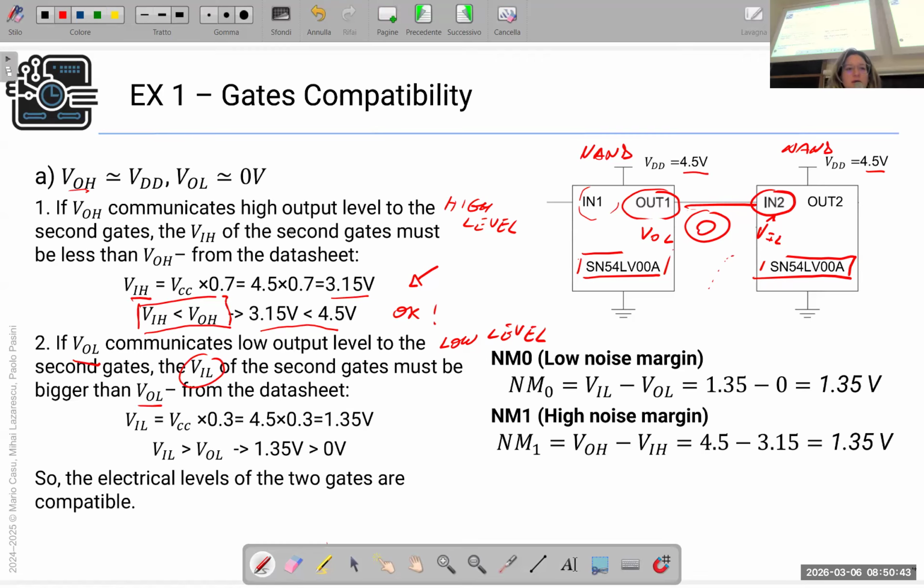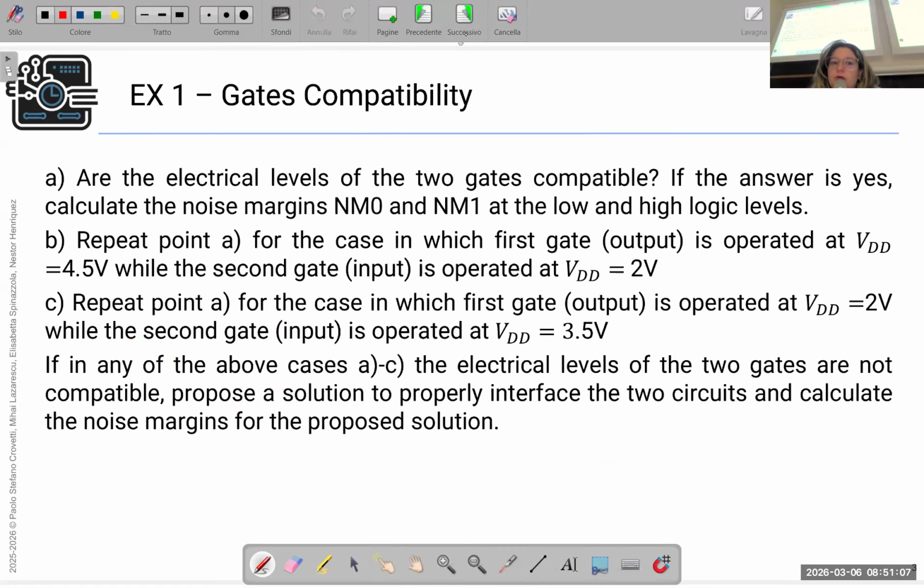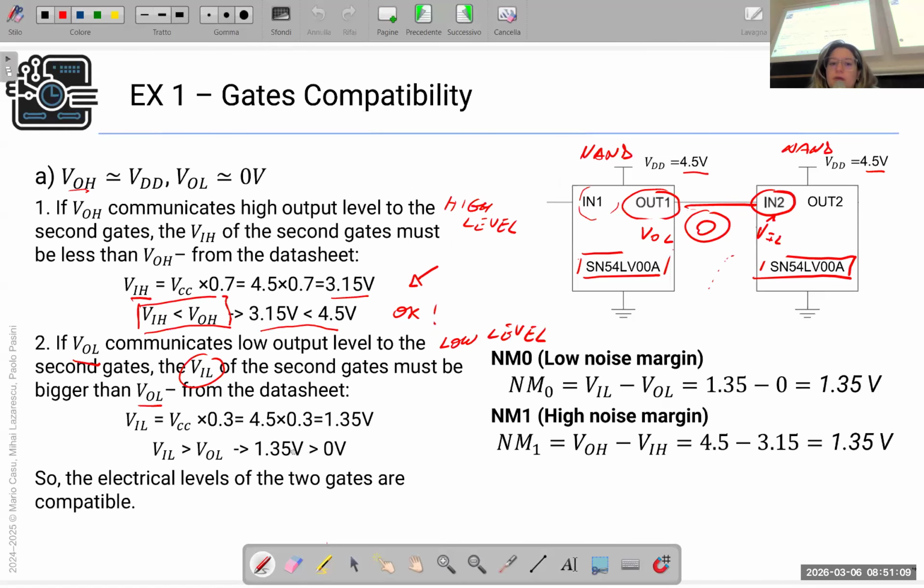So now let's see in the datasheet. VIL must always be seen regarding the voltage supply, which is in this case the same, 4.5. And here the datasheet gives you the formula VCC times 0.3. So go on.